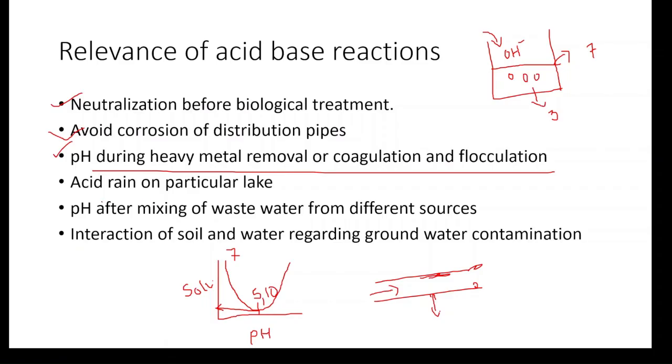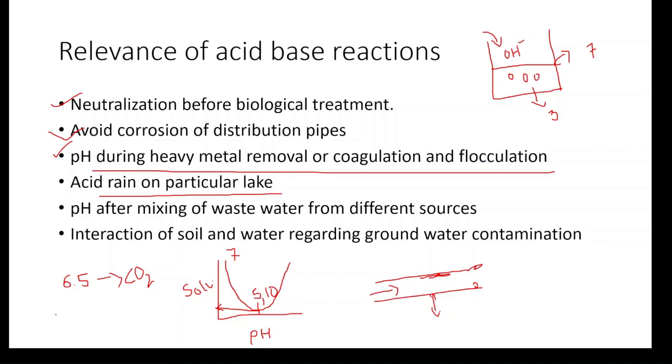Then, acid rain on a particular lake. Normally, the pH of rain is 6.5. The rain that falls from the sky is never pH 7. It is pure water, but pH is around 6.5 because of carbonic acid, because CO2 produces carbonic acid. Because of that, normal pH is 6.5.